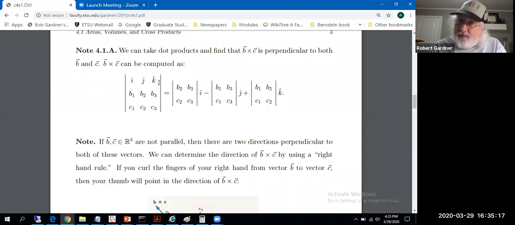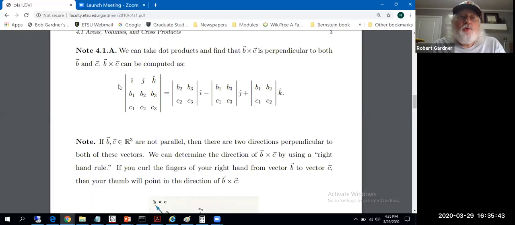Now this is messed up because matrices, as far as we're concerned, have numbers in them. They don't have vectors in them. Well, this is the only time we'll see something like this. And again, this is motivation for something to come in the near future. So we'll put I, J, K in the first row of a matrix, the components of vector B in the second row, the components of vector C in the third row.